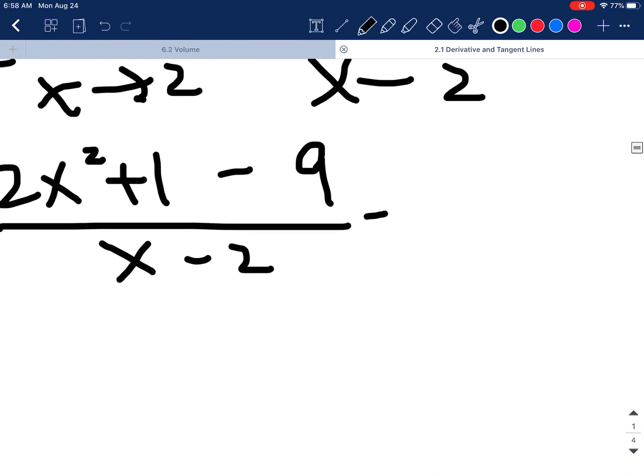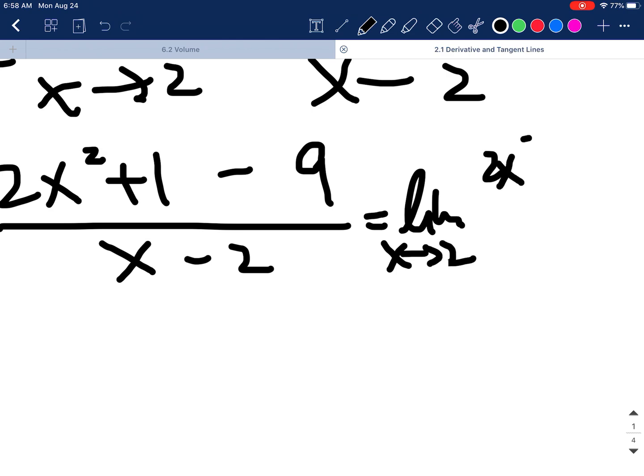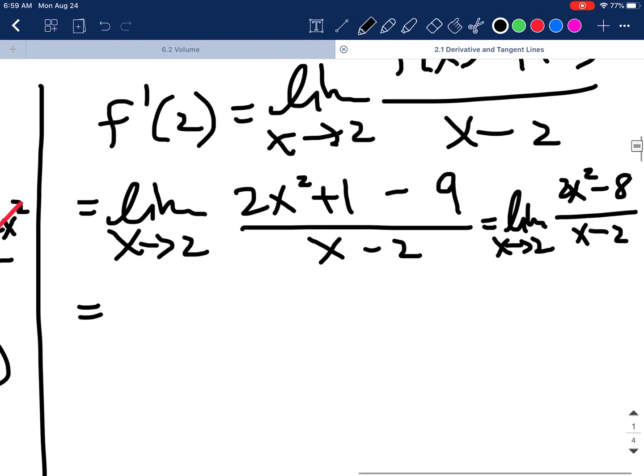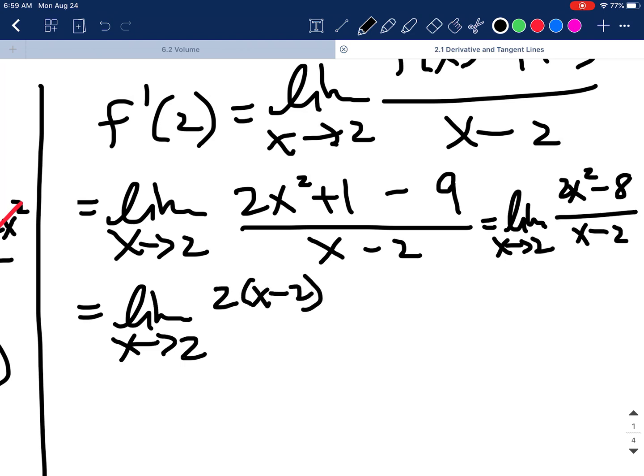Just note off to the side here, this is going to equal the limit as x goes to 2 of 2x squared minus 8 all over x minus 2. And then again, we'll do a little bit of factoring. So the limit as x goes to 2 of, we can factor out the 2, we'll have x squared minus 4, which is going to factor as a difference of squares.